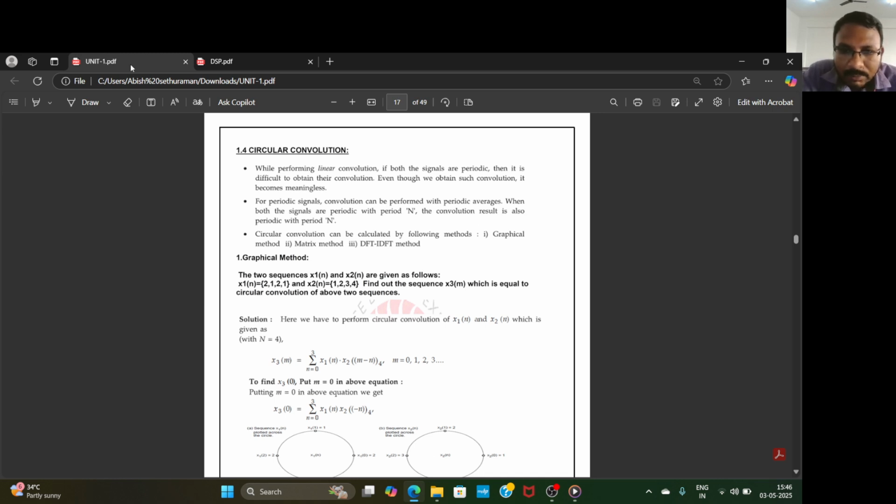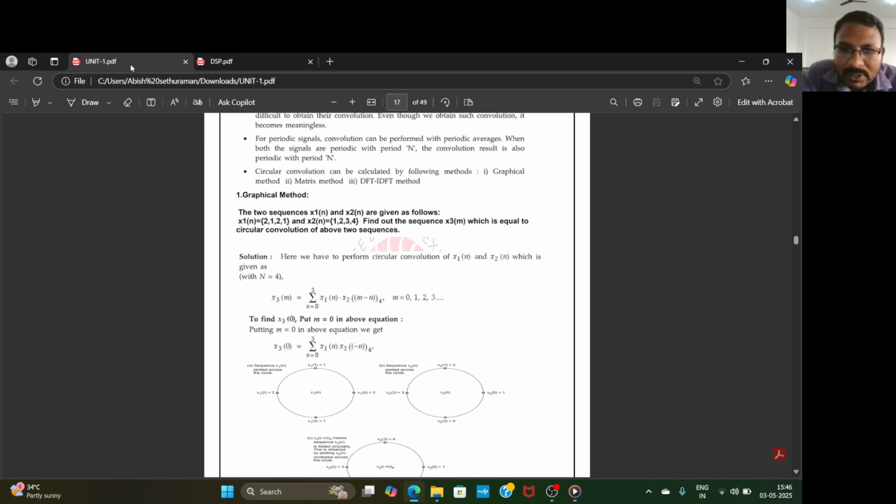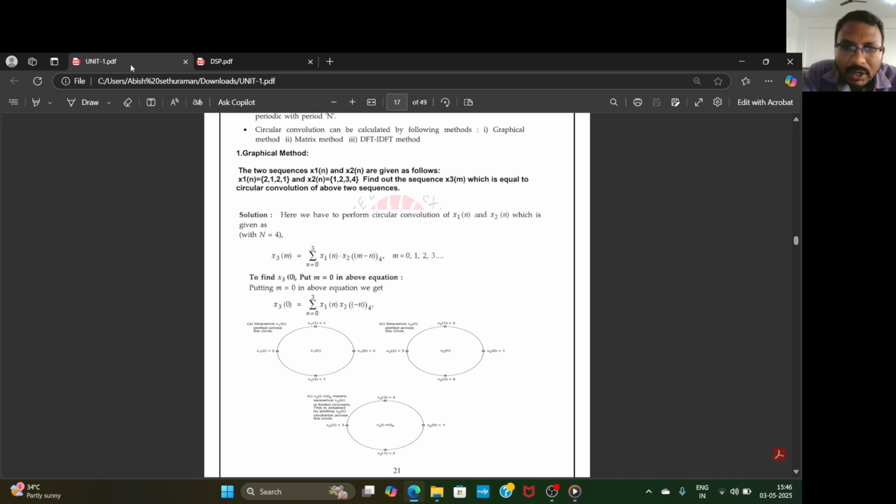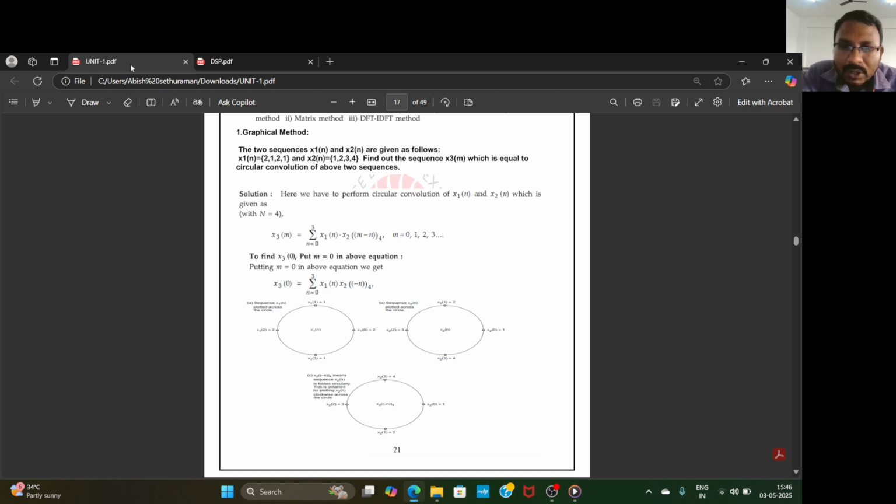In this problem, the two sequences are x1 of n equal to 2, 1, 2, 1 and x2 of n equal to 1, 2, 3, 4. Find the sequence x3 of m, which is the circular convolution of these two sequences.